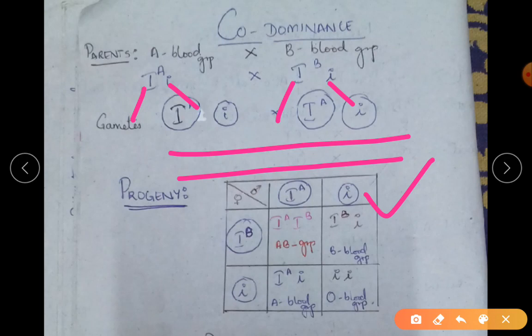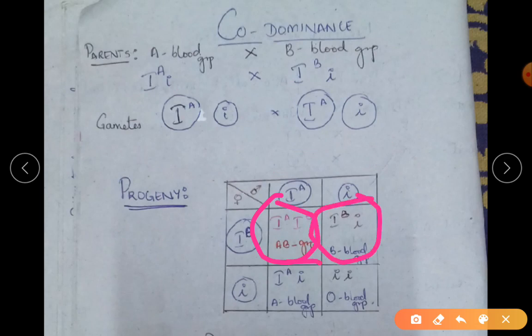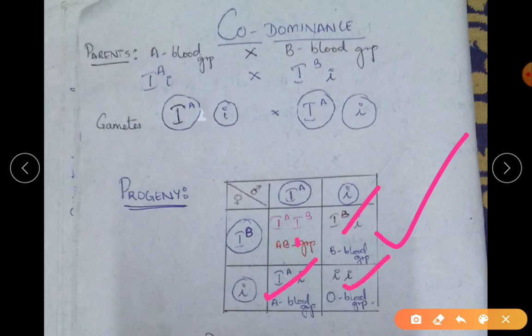Once you have the alleles separated, you use your Punnett square, or checkerboard, and you get the 4 types of blood groups based on your calculation. So there are 4 possibilities. What can you infer? What were the possibilities I had written? AB blood group, B blood group, A blood group, O blood group.